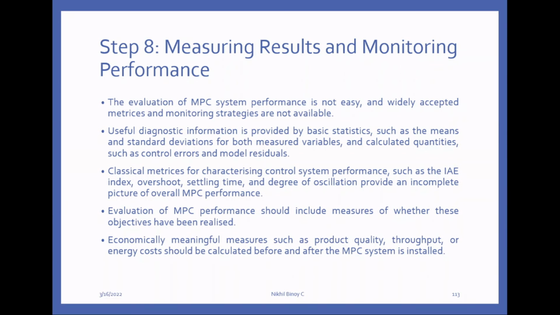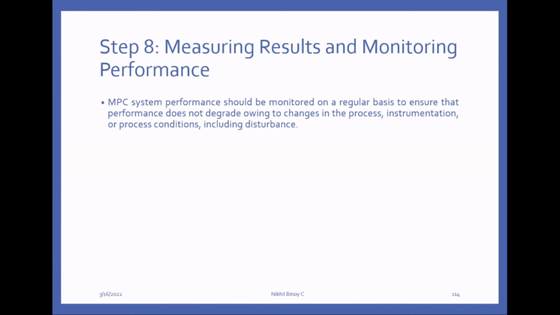Economically meaningful measures such as product quality, throughput, or energy cost should be calculated before and after the MPC system is commissioned. MPC system performance should be monitored on a regular basis to ensure that the performance does not degrade owing to a change in process, instrumentation, or process conditions, including disturbances. So we have to regularly monitor the performance of the model predictive controller.